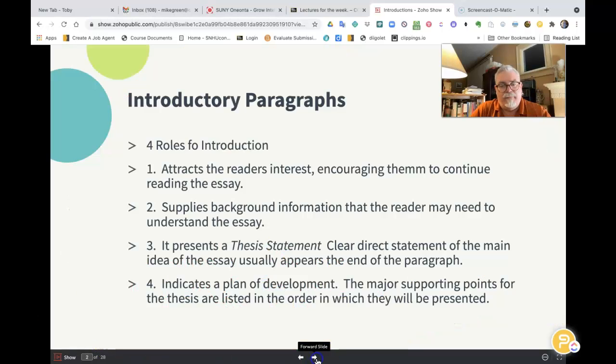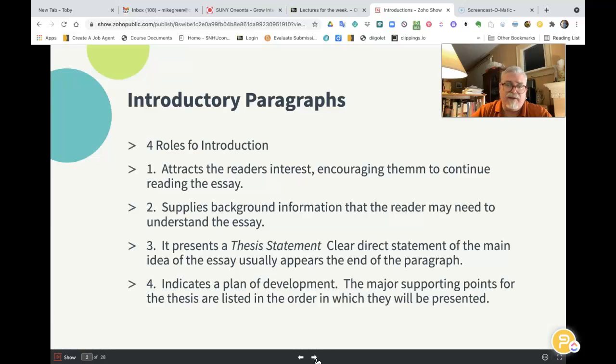So, introductions are important. There are four main rules to an introduction. One, you're supposed to attract the reader's interest and encourage them to continue reading. Now, that can be done in a number of ways, and it's not always easy. I know it's not always easy, so just bear with me.